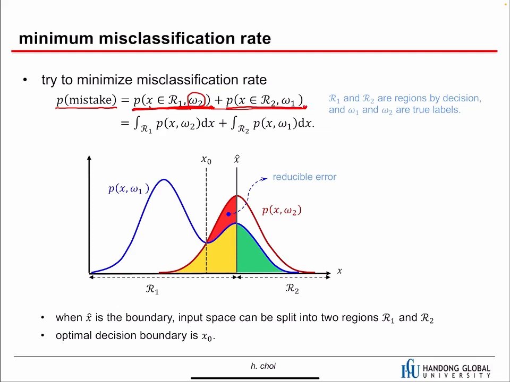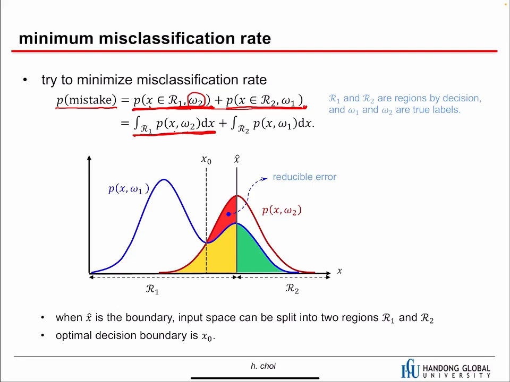And the first term can be obtained by this integral. So P of X and omega 2 means the probability of X when the true label is 2, but X is in region 1. Okay, so this is the misclassification rate in class 2.